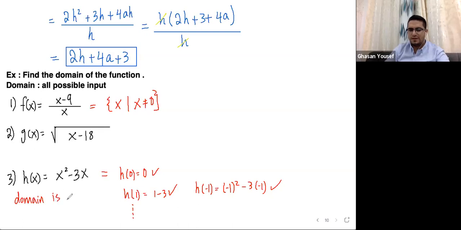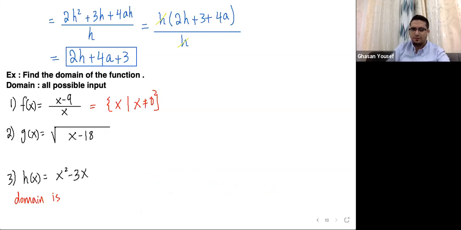The domain is all numbers: 0, the positives, the negatives, all of them are fine. So how can I define it? What is the domain?